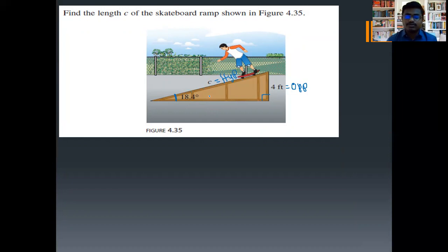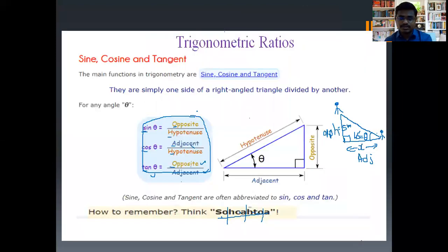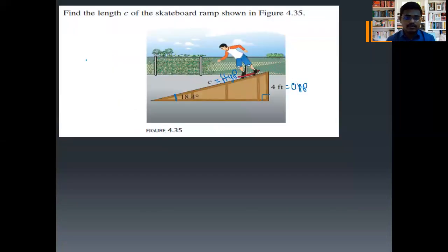Now tell me, which trigonometric ratio is going to deal with hypotenuse, opposite, and an angle? Sine, right? Good.